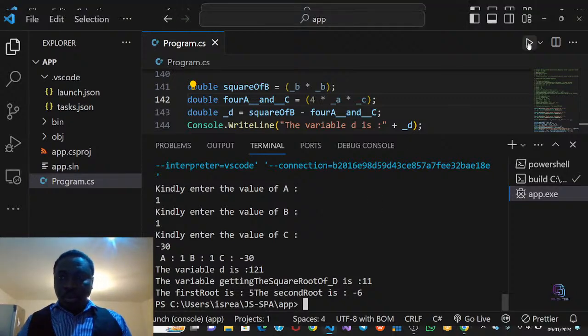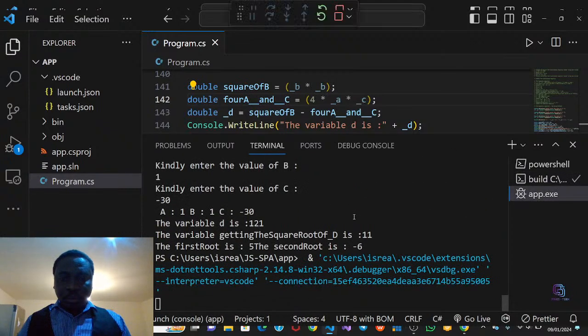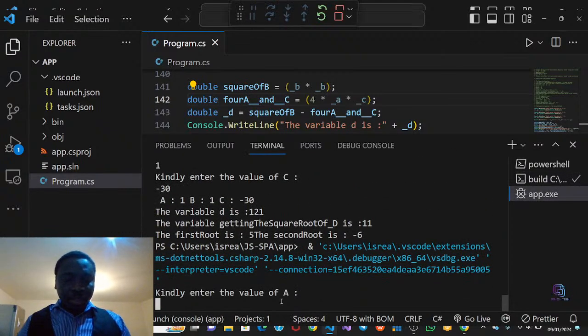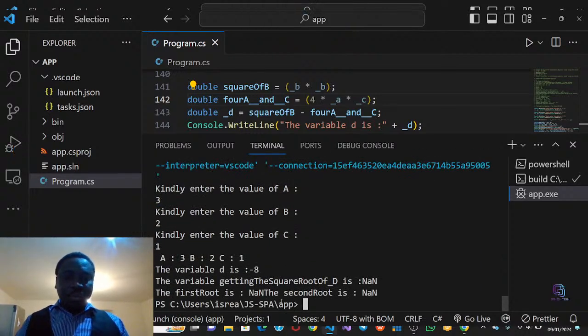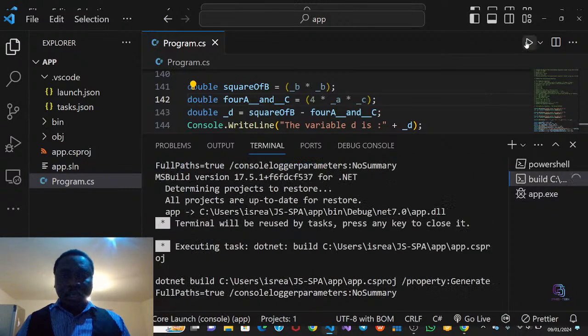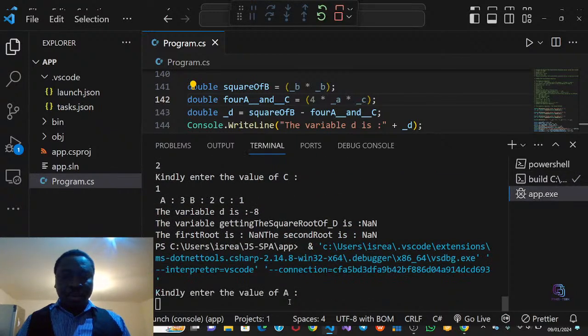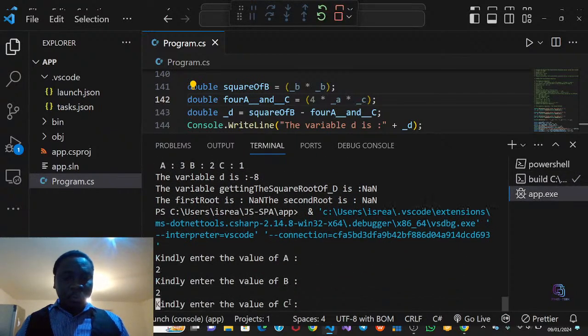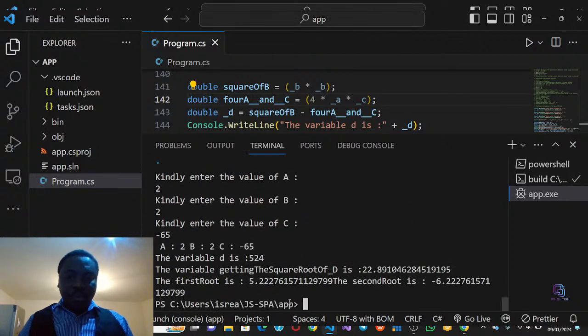We're going to run it. I think this is not a root. So I need to run it again. We have 2 minus 65. Wow, got another one. The first root is this, and the second root is this.